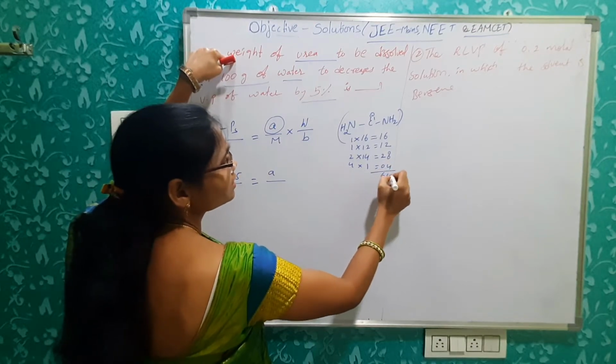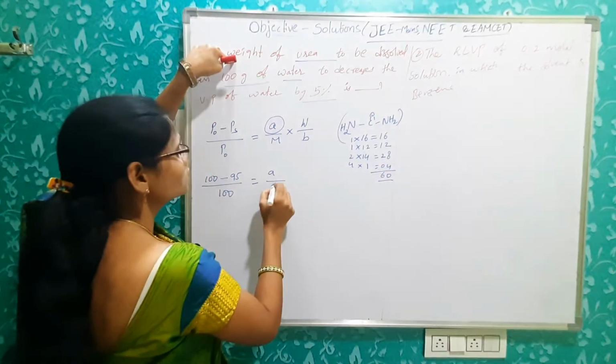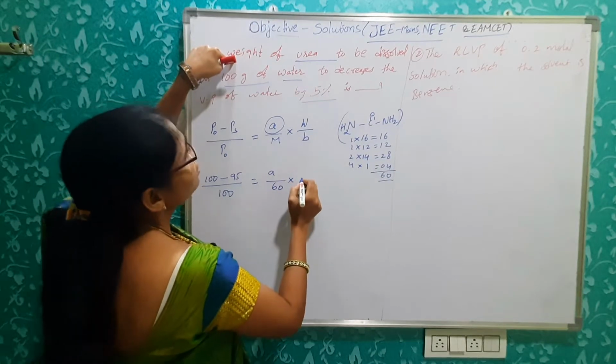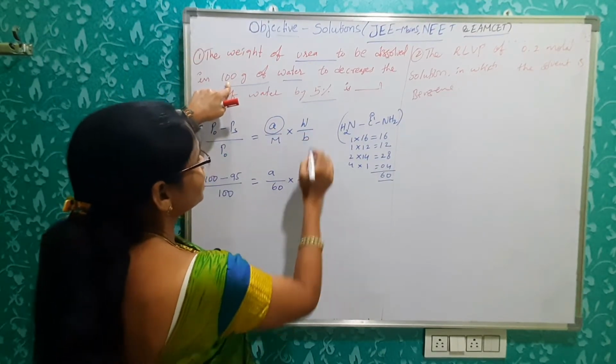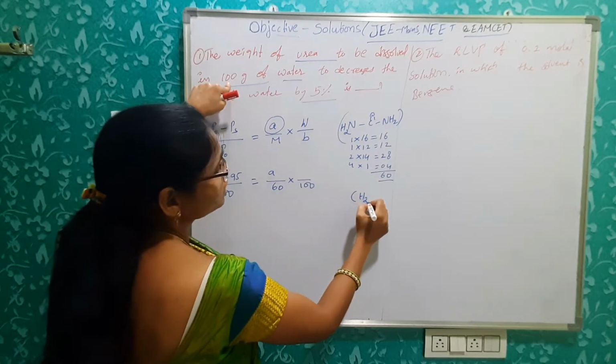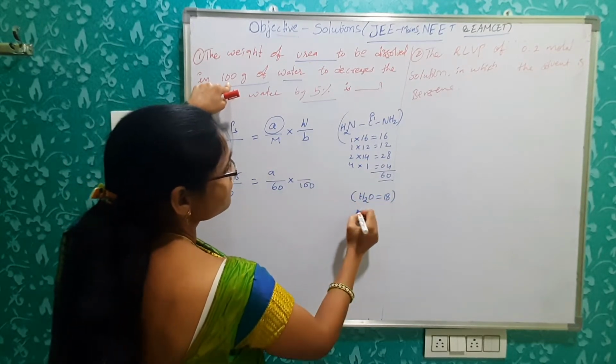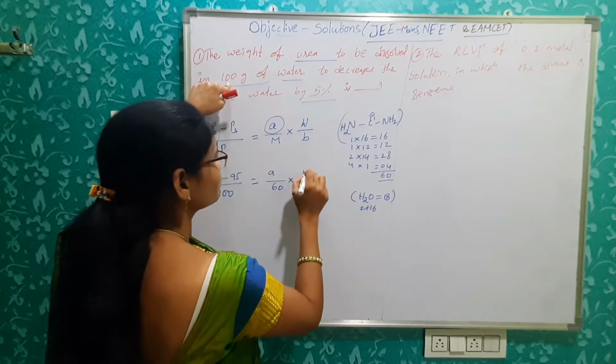How much? 60. Into weight of water 100 grams, molecular weight of water always 18 grams, 2 plus 16.